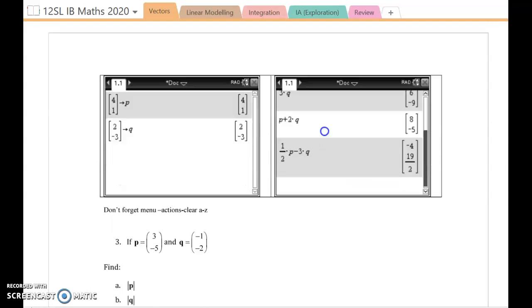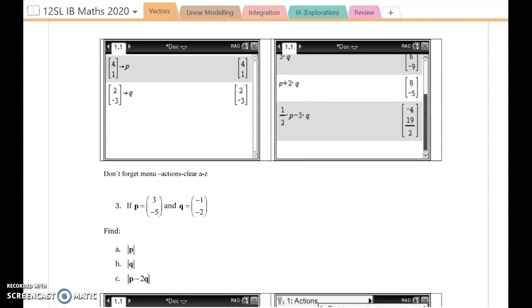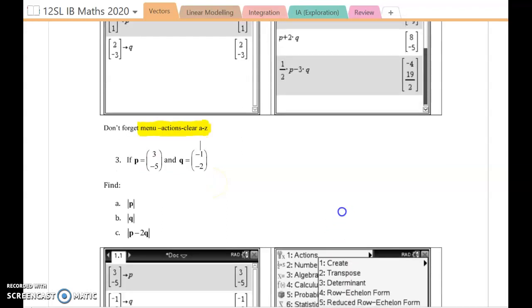However, you need to make sure before you store things that you actually clear your variables that you might have previously saved in there. So if you've never done this with a calculator, you might have p and q saved in there as like 2 and 5 from like year 8 or year 10. So it's important before you do this that you clear everything in your calculator.